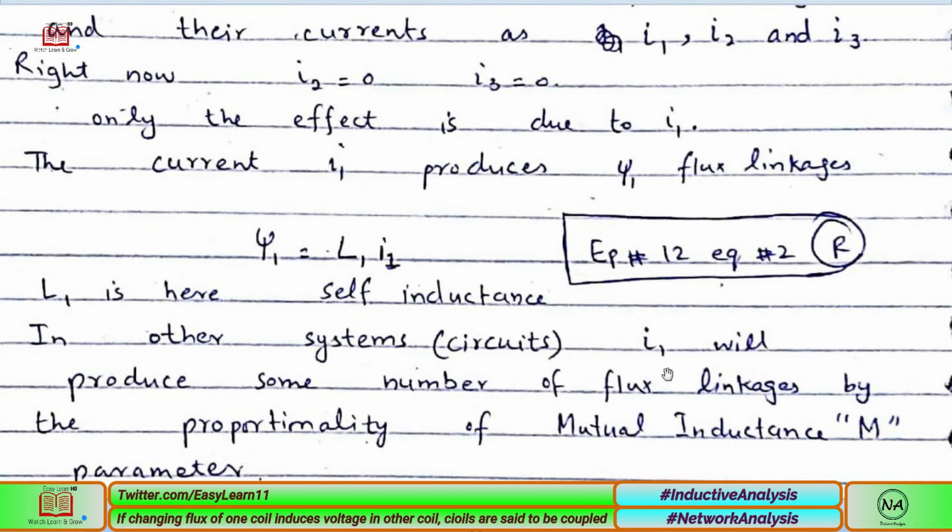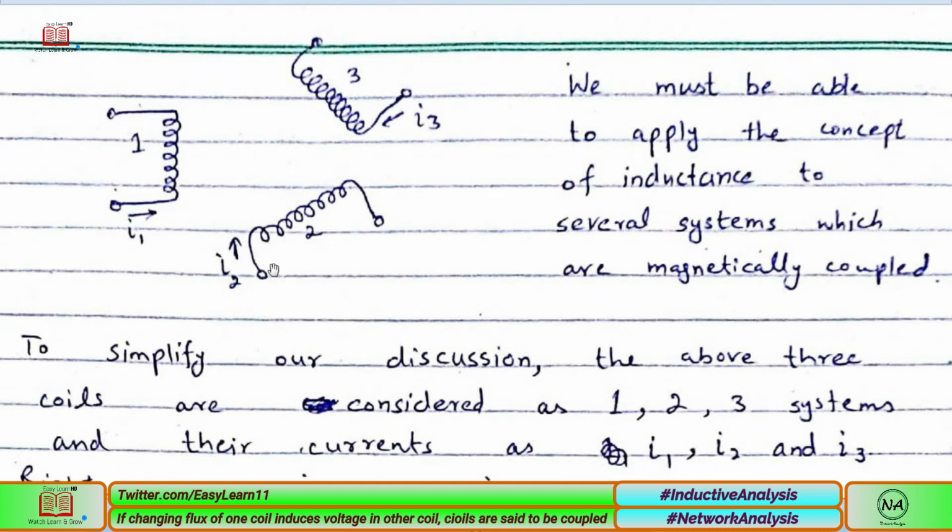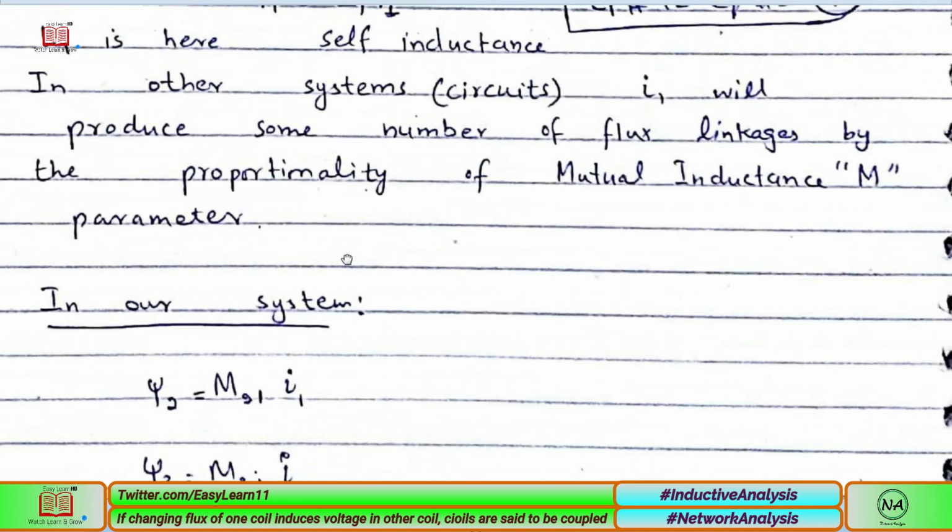In other circuits, I1 will produce some flux linkage as well; due to I1 there is a flux produced, which we call psi1, and this I1 produces some flux linkage here and here, so we call them mutual inductance because of the involvement of two coils.